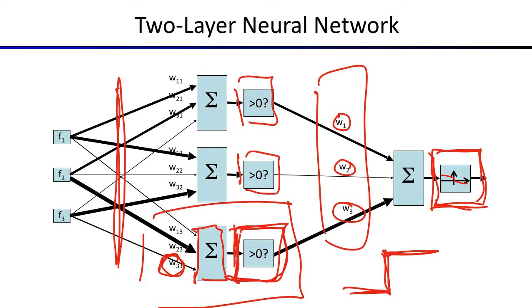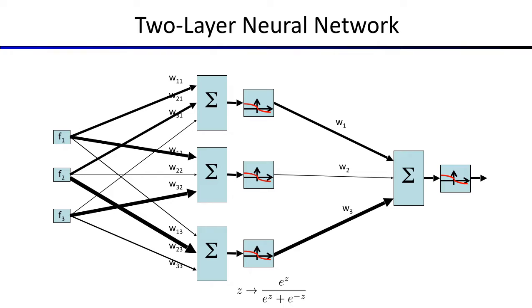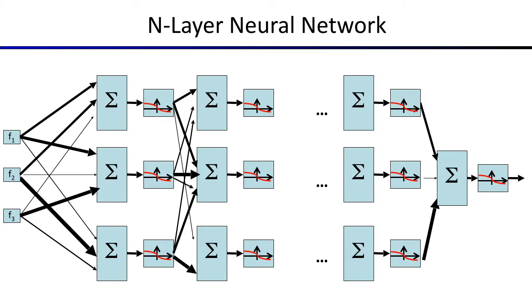So if we really want this thing to be trainable end-to-end, we need this smooth nonlinear thing not only at the output, but also at all of the intermediate layers. And so what we wind up with is something that looks like this, and in a deeper network, something that looks more like this, where we have a repeated series of units which take a dot product with all their inputs and then apply this squashing function, and we do that everywhere.